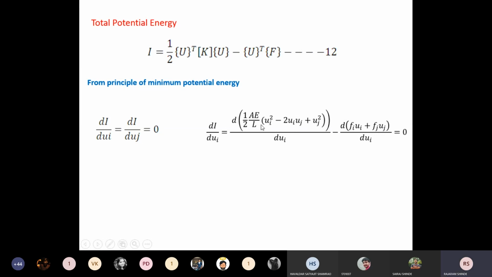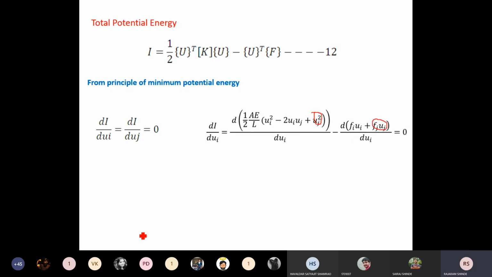That means it becomes half AE by L (2ui minus 2uj), and the derivative of uj square with respect to ui is 0. Next, minus the derivative of Fiui with respect to ui, which is Fi, plus the derivative of the other term, which is 0. Here this derivative is 0, this is also 0 because we are differentiating with respect to ui. The derivative of this is 2ui, of this is 2uj, and of this is Fi.